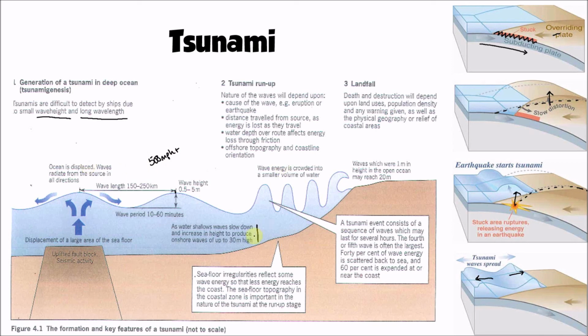So as the wave approaches land, the wave energy is concentrated into a smaller space, and that causes the wave to grow in height quite significantly. So very often we don't see a tsunami until it actually reaches the coastline.